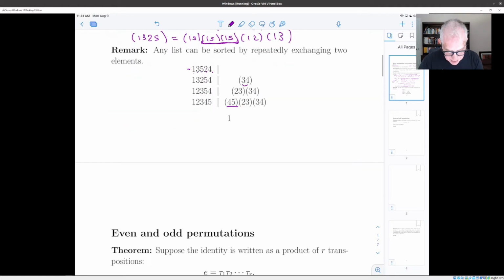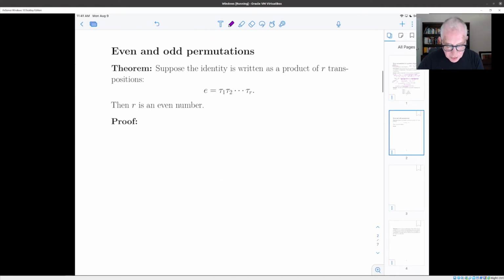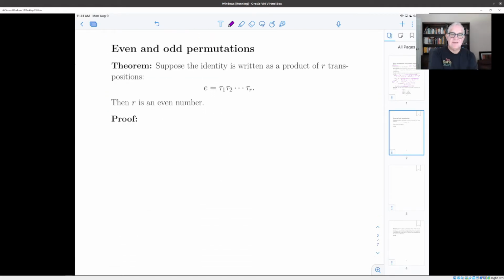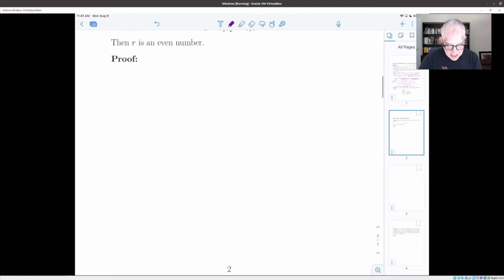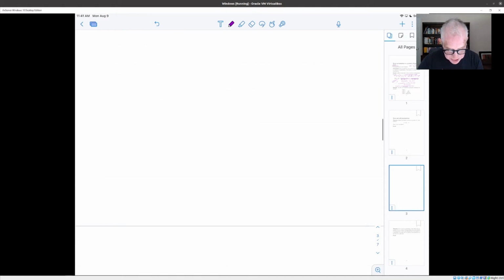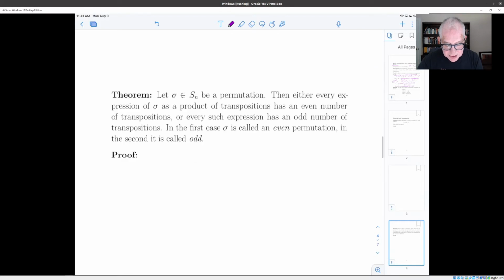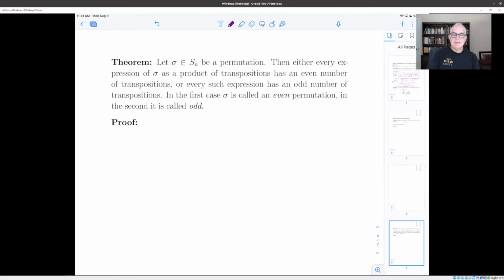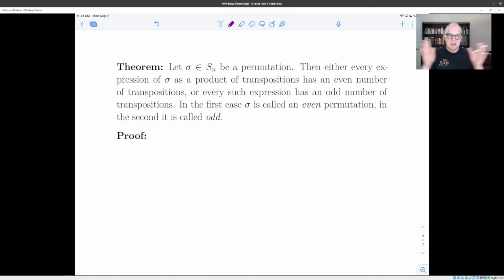Great. Now, as I mentioned, our goal is to introduce this idea of even and odd permutations. I'm going to skip ahead a little bit just to look at the main theorem. Suppose you take a permutation sigma in the symmetric group on n elements, and you write it as a product of transpositions.